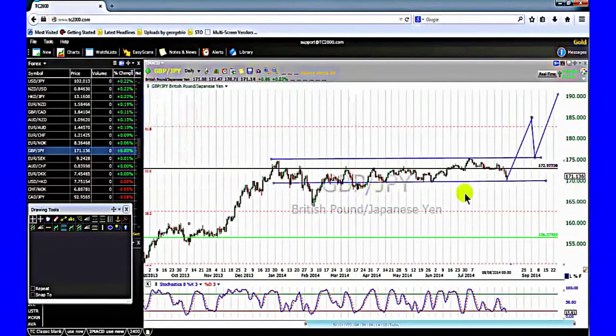But we will prefer that it finds a support about 170.00, as the pound-dollar also is going down. We will prefer the pound-yen also to go down to the level of 170.00, and looking for support at that level. As it's returning back up again, we need to remember the key level that the market is acknowledging at the beginning of this year, the level in the zone of 173.00.